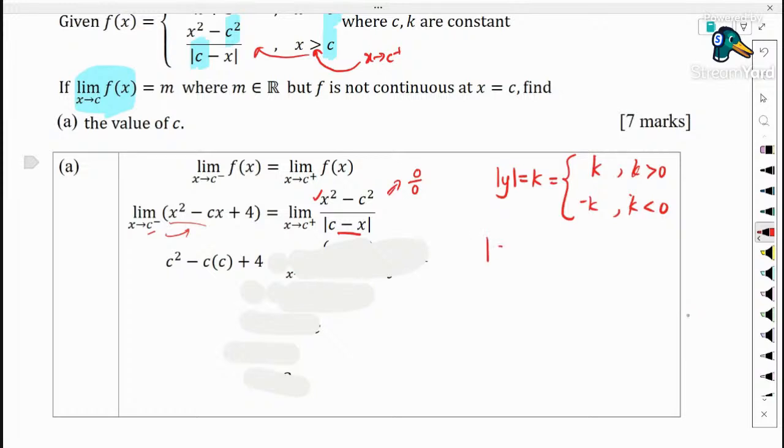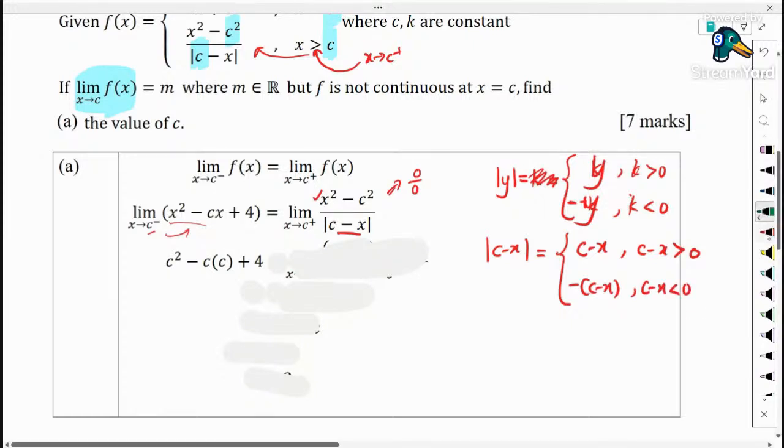Now what if the y now is c minus x? Sorry, I'm not supposed to have the k here. I should have y only, y and minus y. So I have c minus x for c minus x greater than 0, and negative of c minus x for c minus x less than 0.